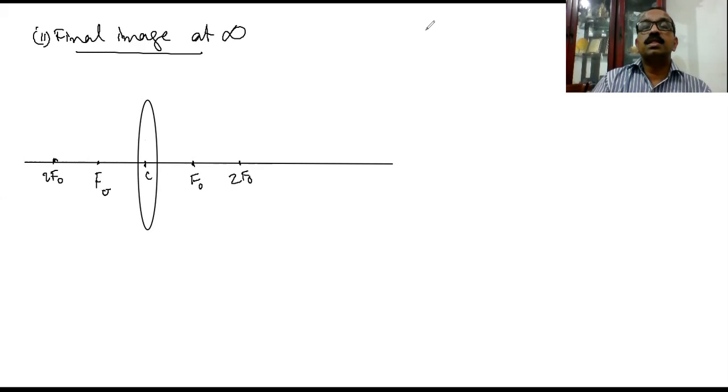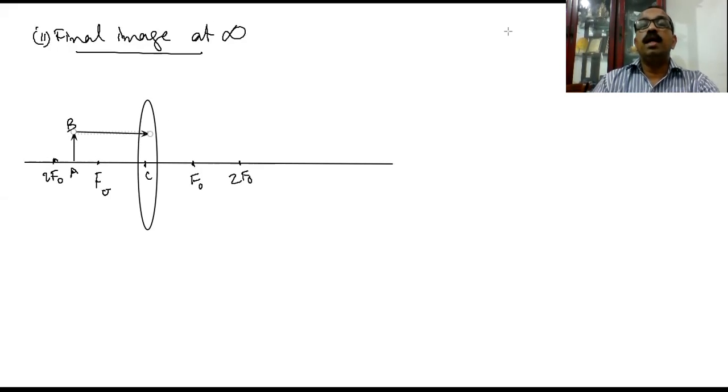The object, I said, is always kept between F and 2F. This is the object AB. Okay, AB is the object kept between focus and optic center.